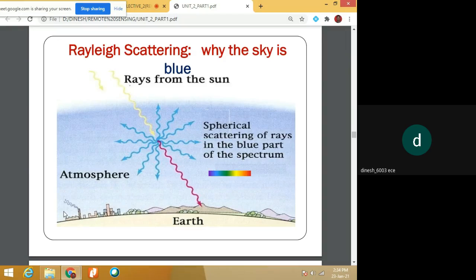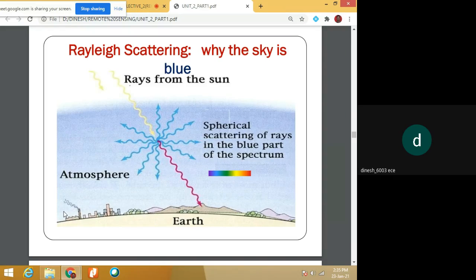When the electromagnetic radiation falls from the sun towards the earth, the blue color of the visible spectrum scatters more. This is why the other colors fall directly on the earth, and only the blue scatters around the atmosphere.